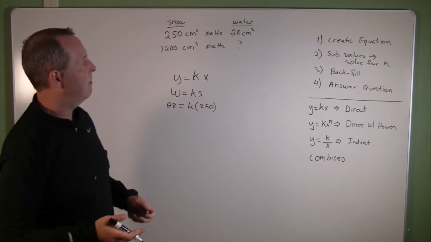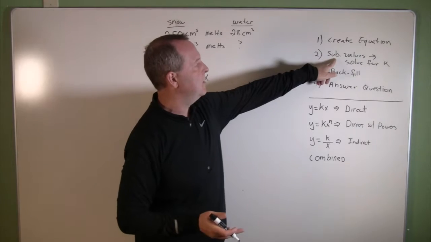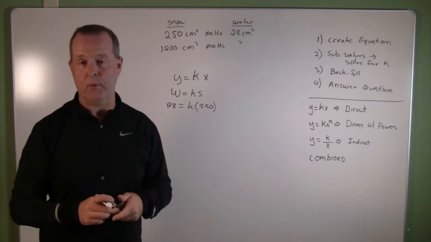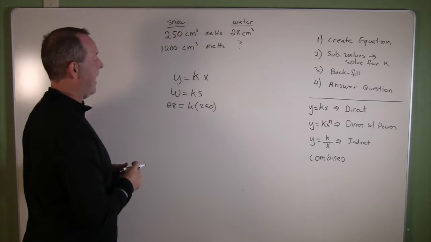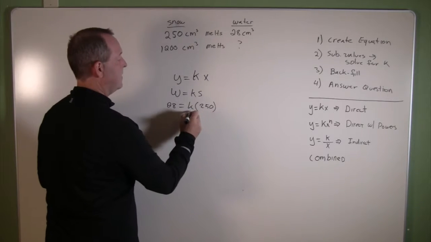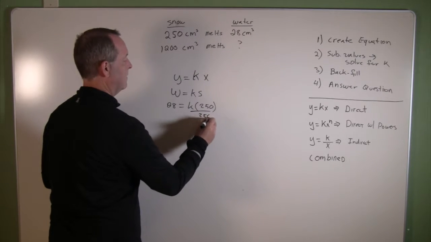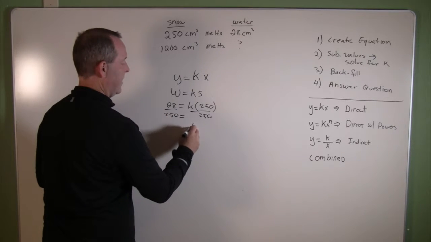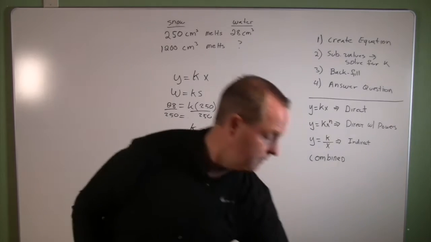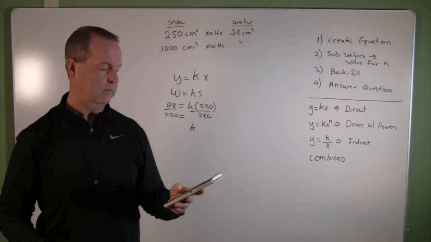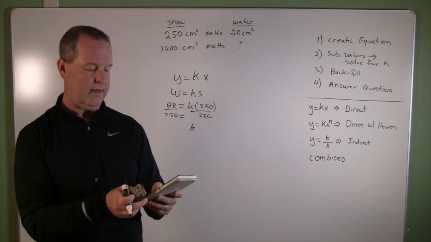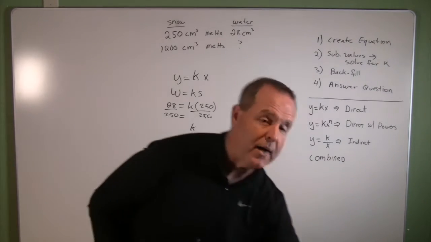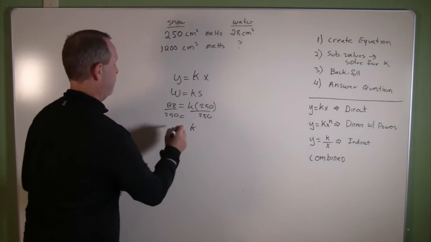The next part of this problem is that I want to substitute the values that I have and then solve for my constant of proportionality, solve for my k. Divide 250 from both sides. And I'm going to get k equals 28 divided by 250, which is 0.112.